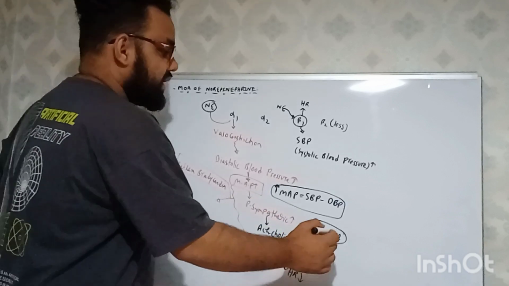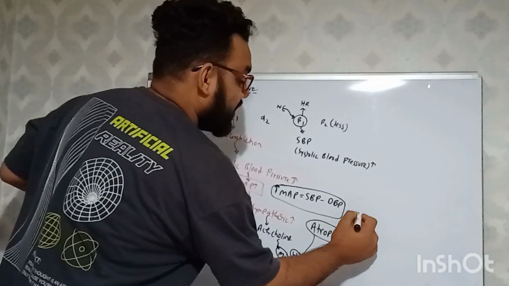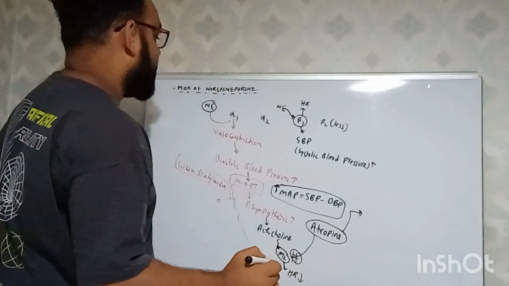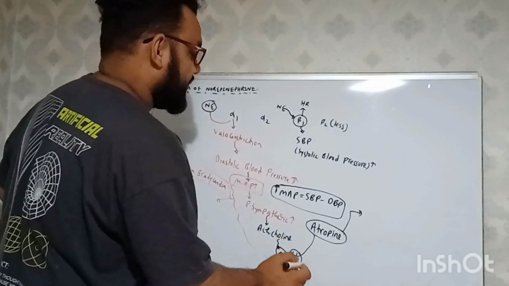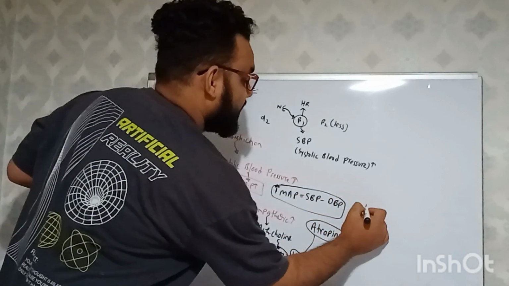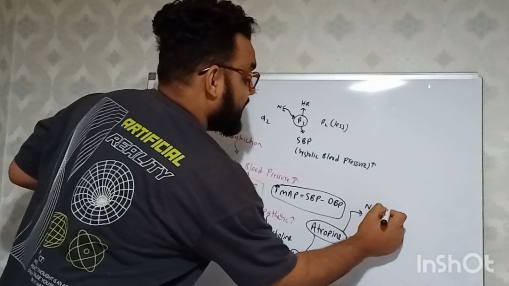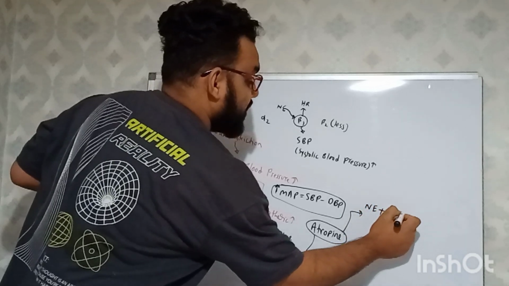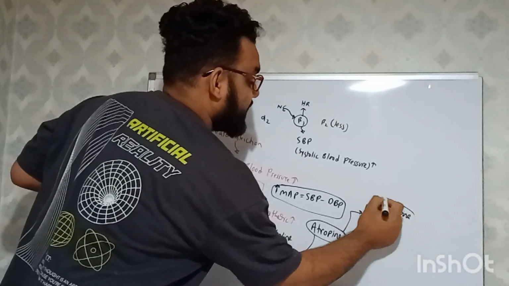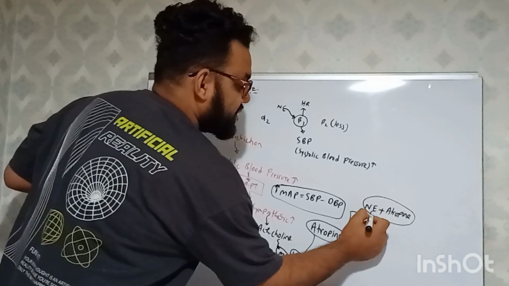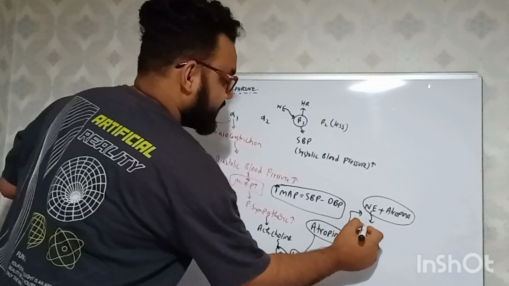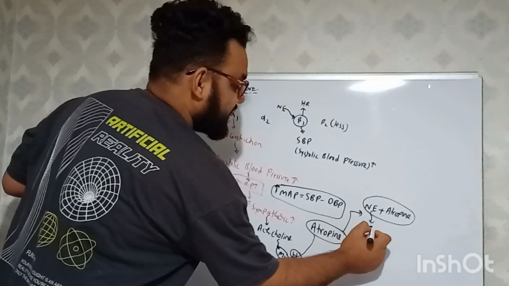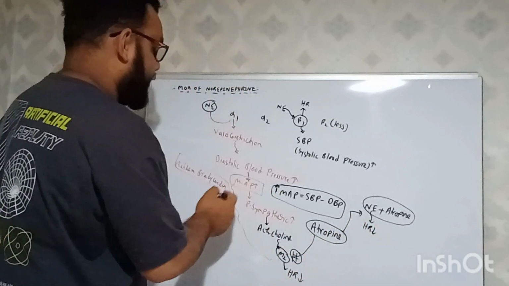Now once we use atropine, for example, if we use norepinephrine plus atropine, what kind of thing will we see? Whenever we use norepinephrine, the heart rate is getting decreased by the action of what?